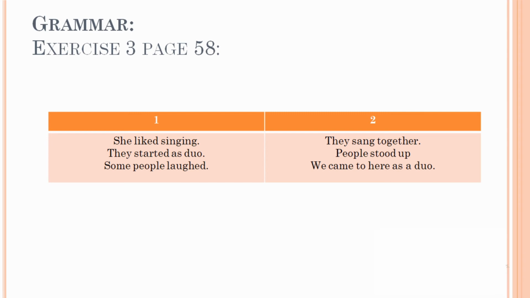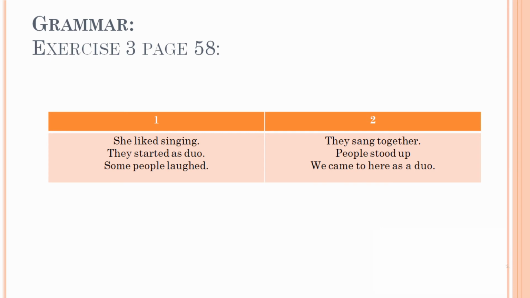Came. The verb to come in the simple past is came. And number 6 is give. So a few weeks later, Simon Cowell gave them the chance. Gave. Gave is the simple past of the verb to give.